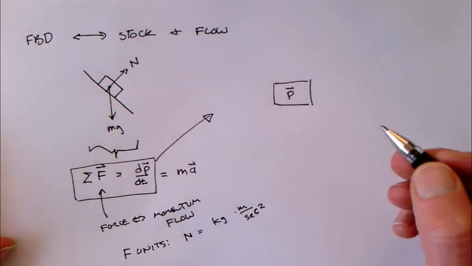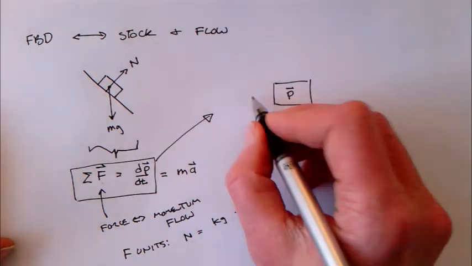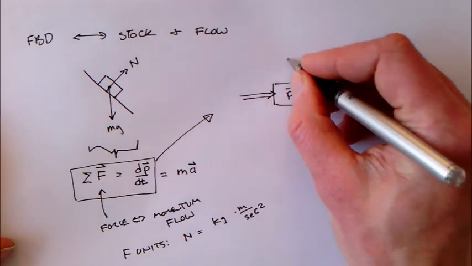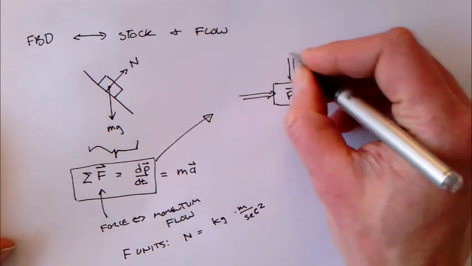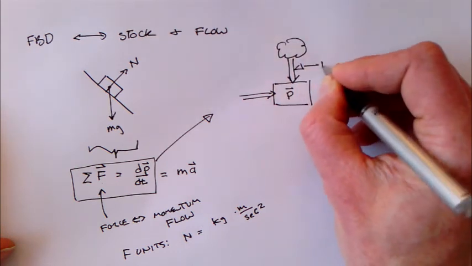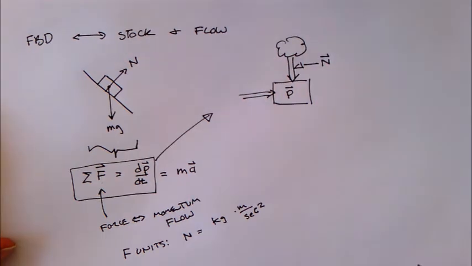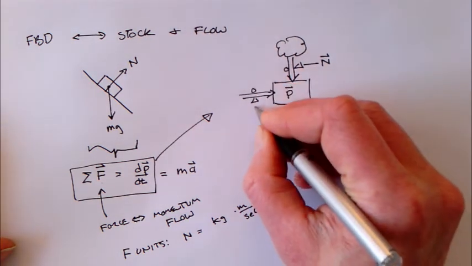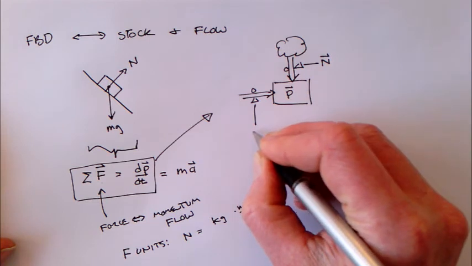So I could also say, you know what, actually I've got two flows of momentum into this system, right? One of those flows is the normal force, and another one of those flows is the gravitational force.